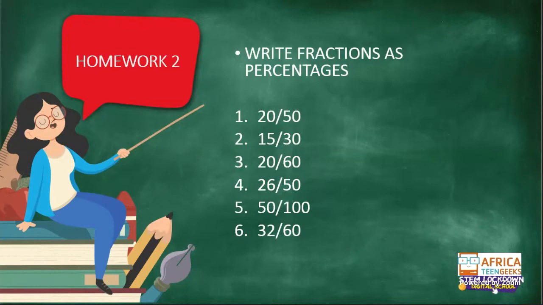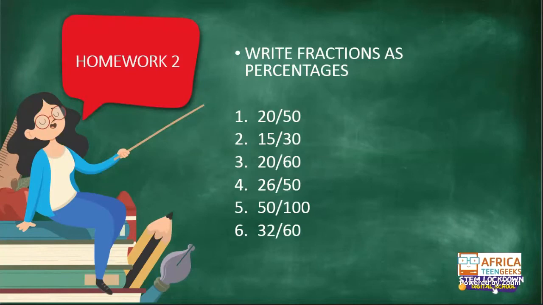Alright, because if you put this into its simplest form, we have 26 over 50, you will have 13 over 25. Then you multiply 26 over 50 by 2 over 2, you will have 52 over 100. So that is how you get your 52%, right?